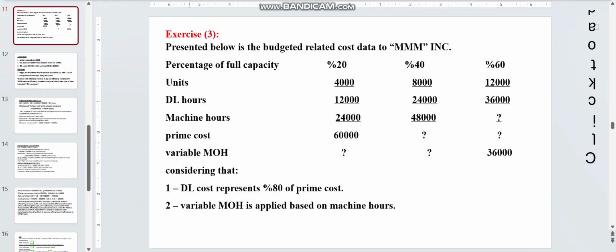Prime cost, there is a total of both direct labor and direct material, 60,000 unknown. Variable MOH, unknown, and 36,000. Considering that direct labor cost represents 80% of prime cost. Second, variable MOH is applied based on machine hours.